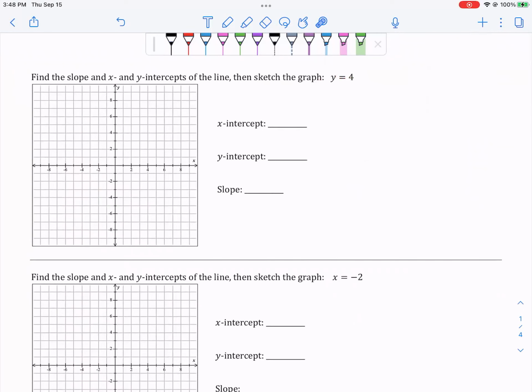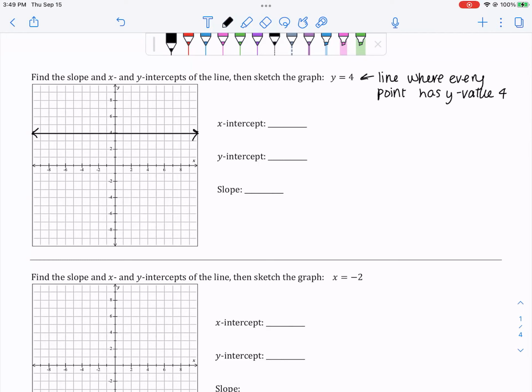If I draw that, right, here's y value 4. If I need everybody to have the y value 4, I am drawing a horizontal line at y equals 4. This is a horizontal line.